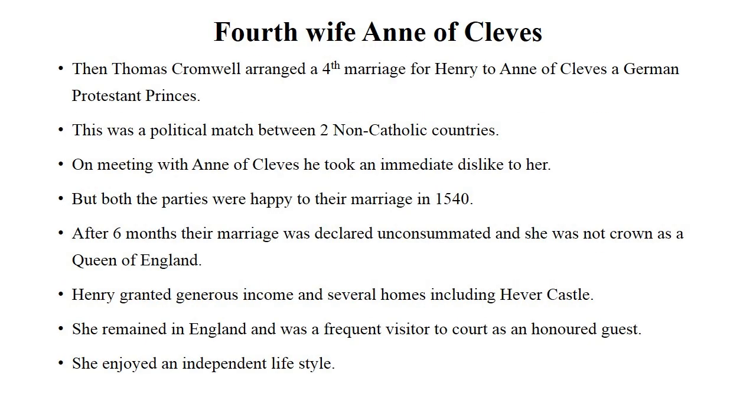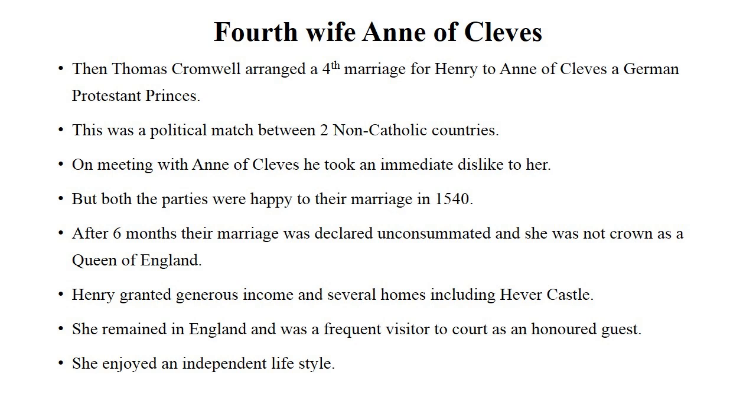Then again, this is not the end of Henry VIII. Then he had another wife, arranged by the famous Thomas Cromwell, the great advisor and friend of Henry VIII. He had a 4th marriage to Anne of Cleves. She was a German Protestant princess, but she was not that good looking.